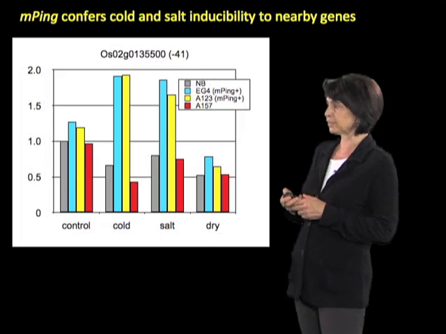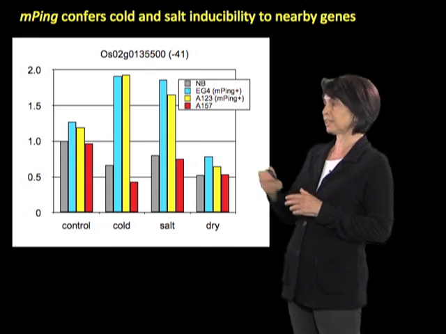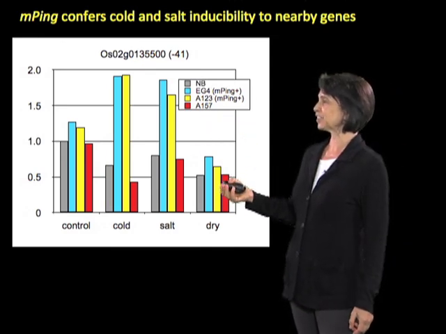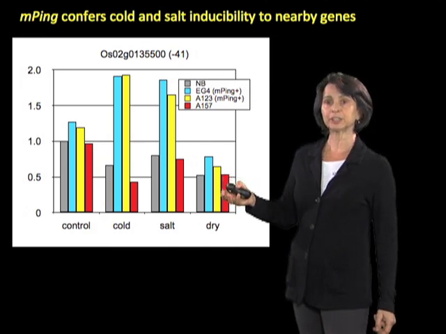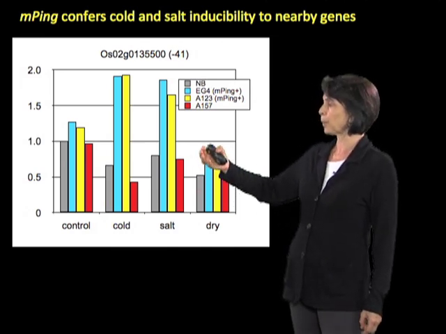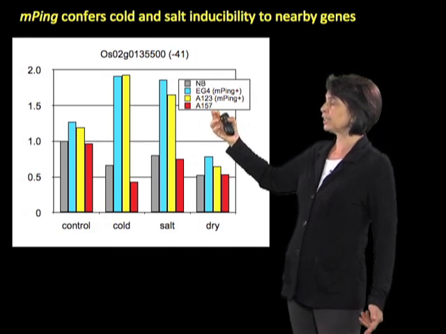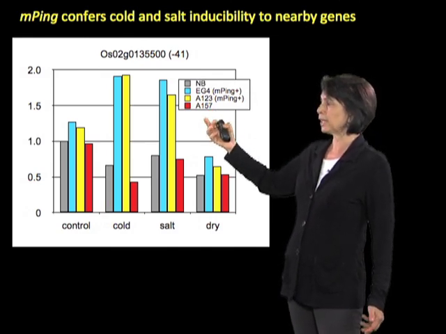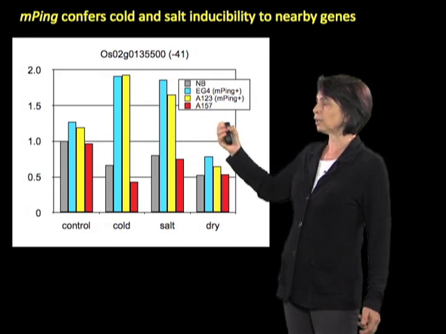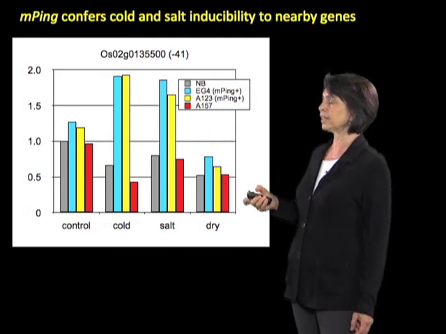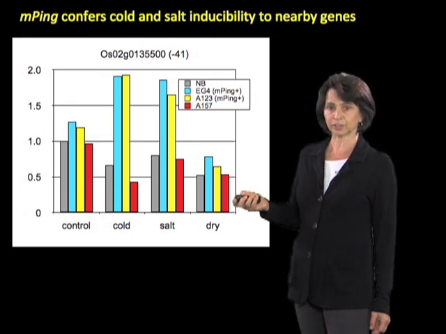So here's another example. This is an Emping element in gene OS02, it has an insertion at minus 41 base pairs upstream of the transcription start. What we see is the alleles, here EG4 in blue and A123 in yellow have the Emping containing allele, and you see those are the ones that are induced by cold and salt.